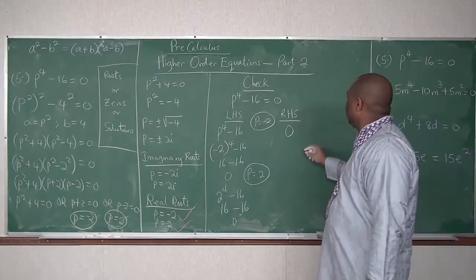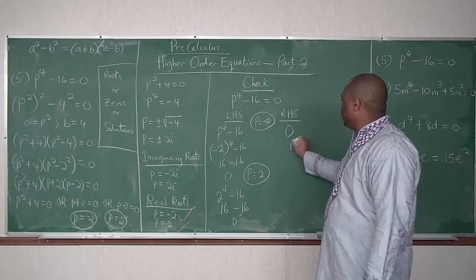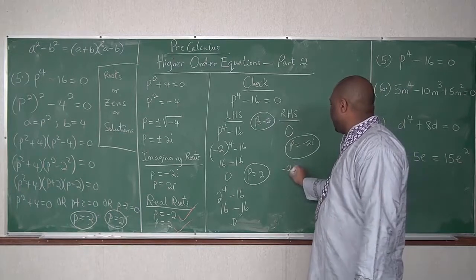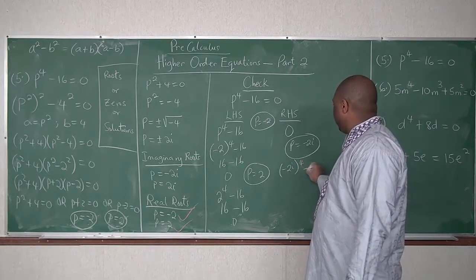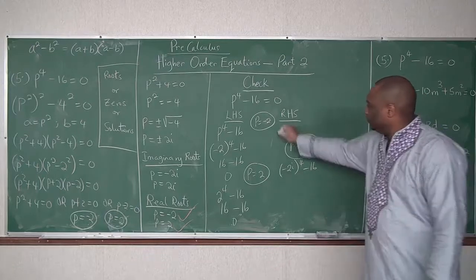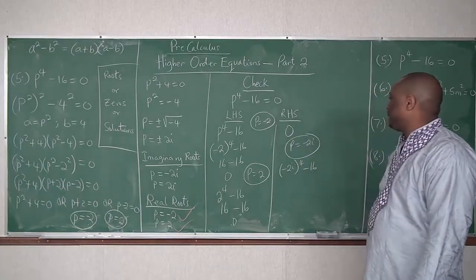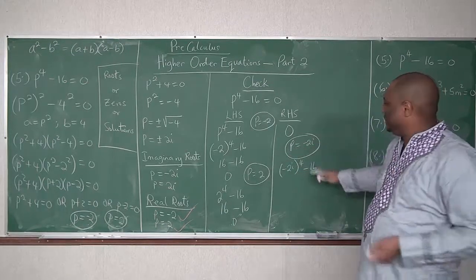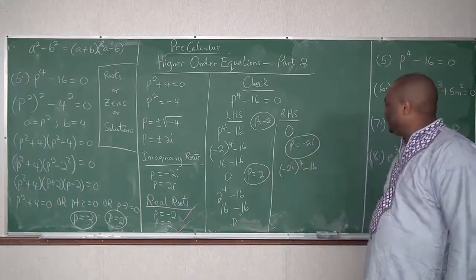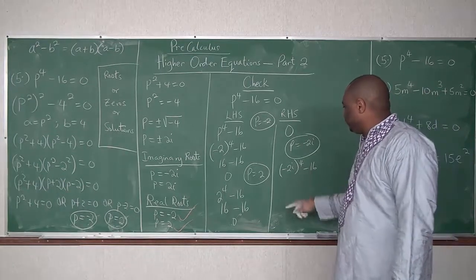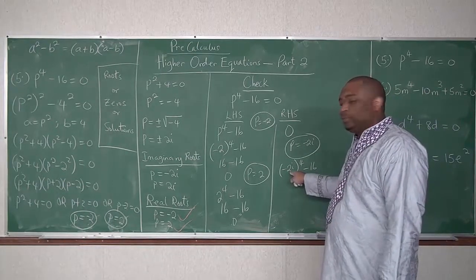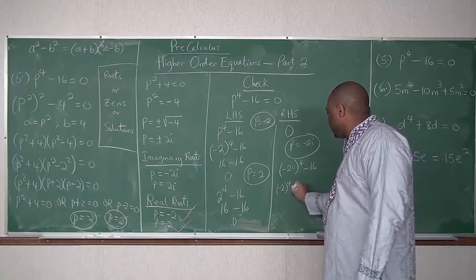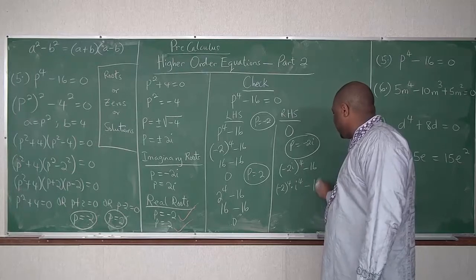Then you do p equal to negative 2i. So this is negative 2i raised to power 4 minus 16. I hope you know I'm not writing it in order, so I don't want you to be confused. Negative 2i raised to power 4 is negative 2 raised to power 4 times i raised to power 4, minus 16.